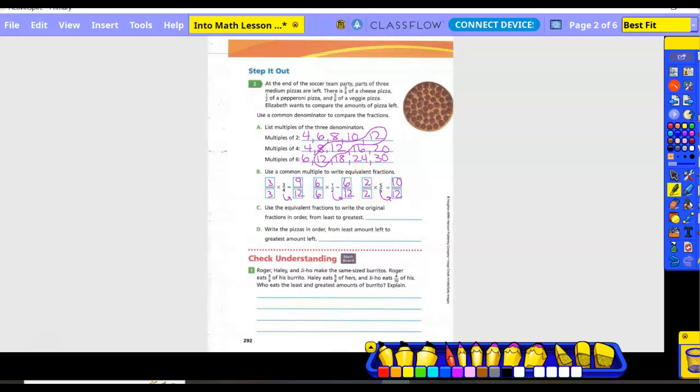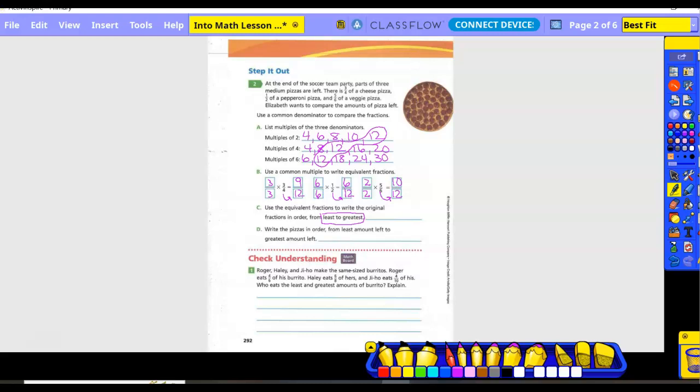Okay. Now they want us to write the equivalent fractions from least to greatest. But do they want us to use the new fractions we just got or the original ones? The original. Okay. So we had 9/12, 6/12, and 10/12. Which is the least there? 6/12, right?